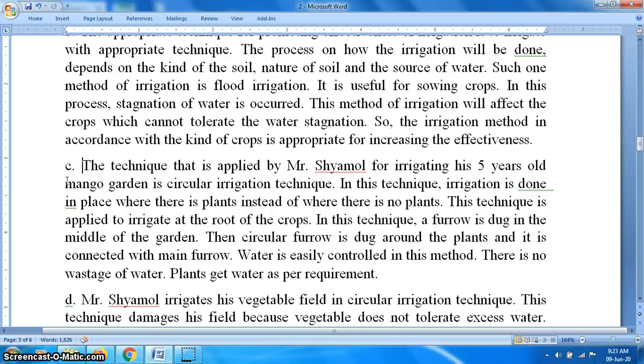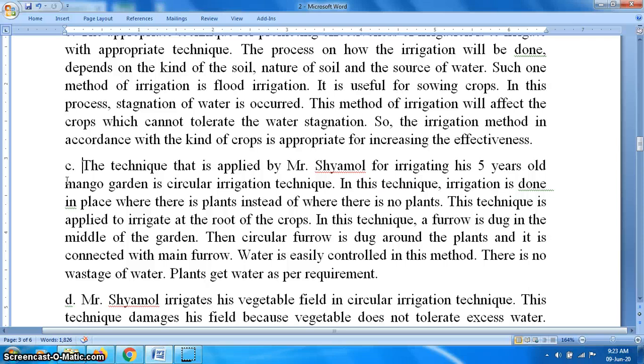In this technique, irrigation is done where there are plants instead of where there are no plants. This technique is applied to irrigate at the root of the crops. A furrow is dug in the middle of the garden. Then a circular furrow is dug around the plants and it is connected with the main furrow.